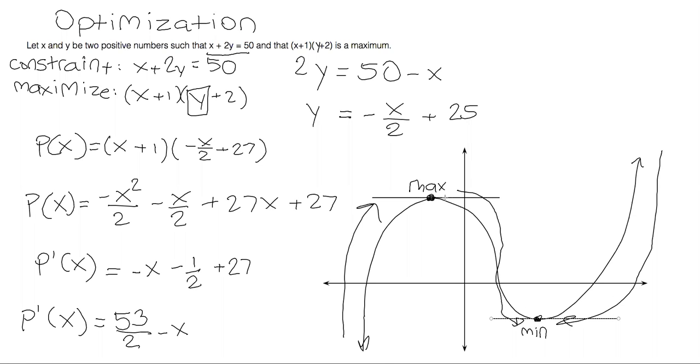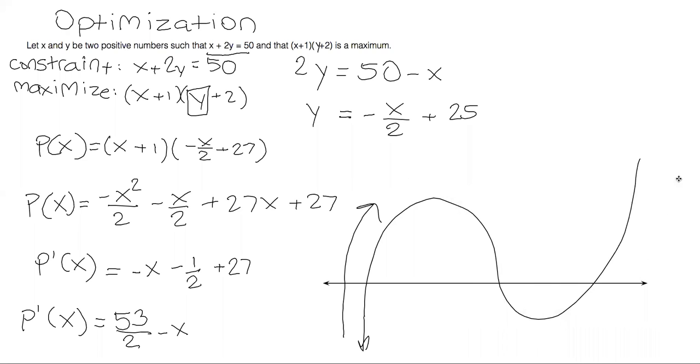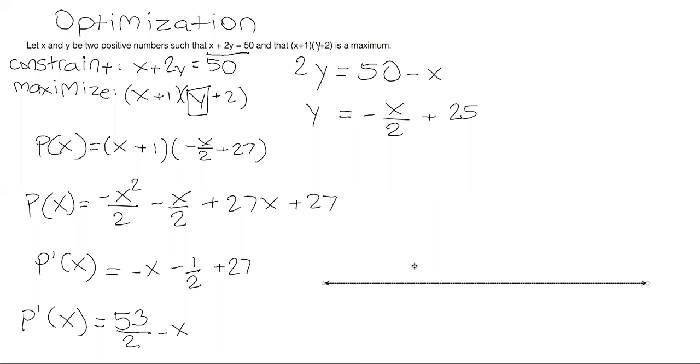So from a calculus viewpoint, without the graph, we just need to view this as a matter of finding the places where our derivative is 0. Identify the x values that produce p prime of x being 0. So we want to set this derivative equal to 0.